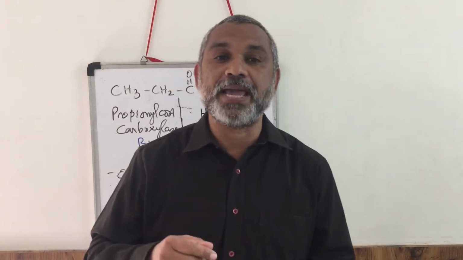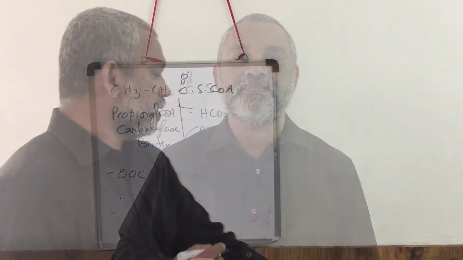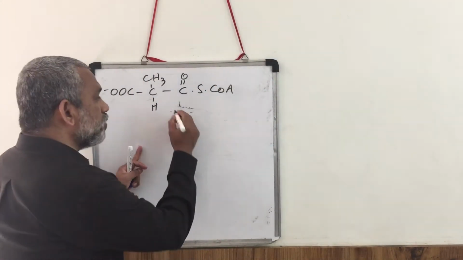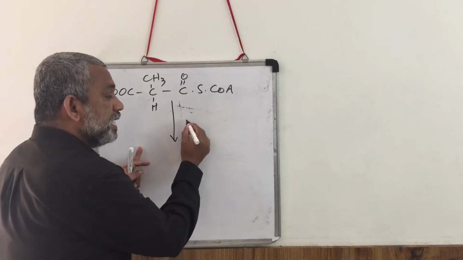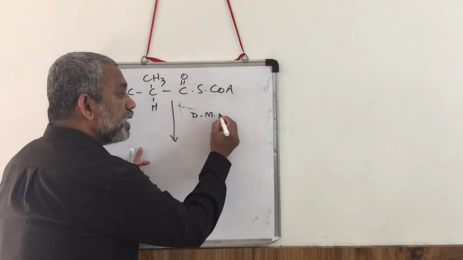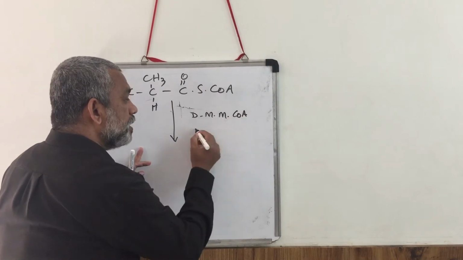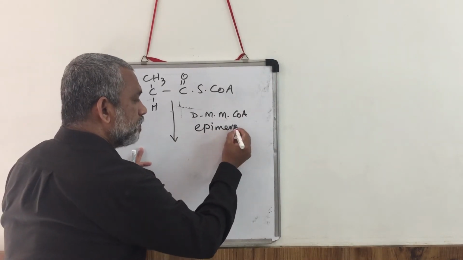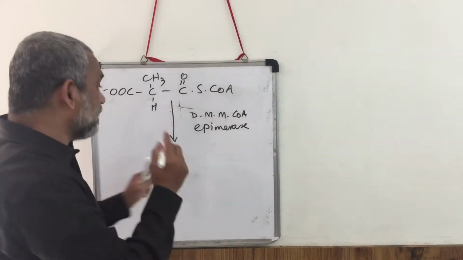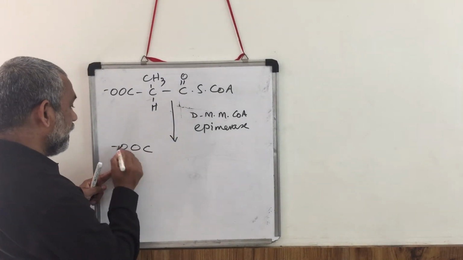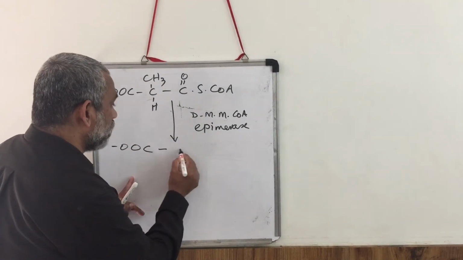This is catalyzed by an epimerase enzyme. So this is D-methyl malonyl-CoA acted upon by methyl malonyl-CoA epimerase. That will convert D-methyl malonyl-CoA to L-methyl malonyl-CoA.